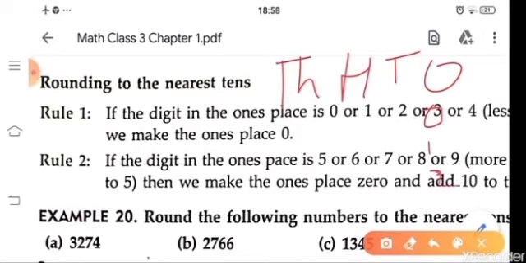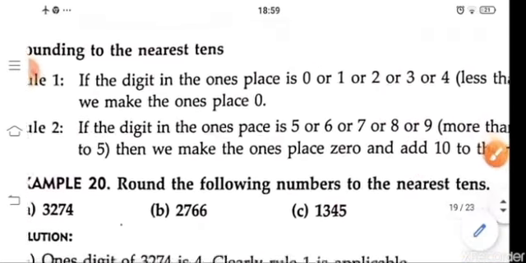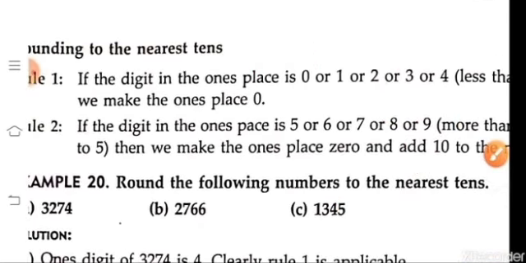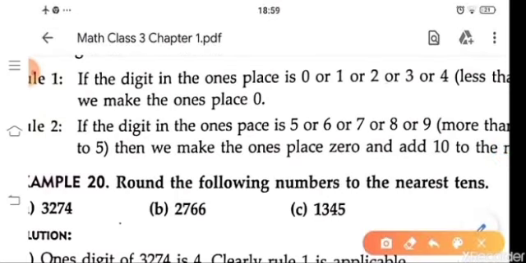If we have a number less than 5 at the ones place, then we make the ones place 0. Whether it is 0, 1, 2, 3 or 4, we write 0 at the ones place.